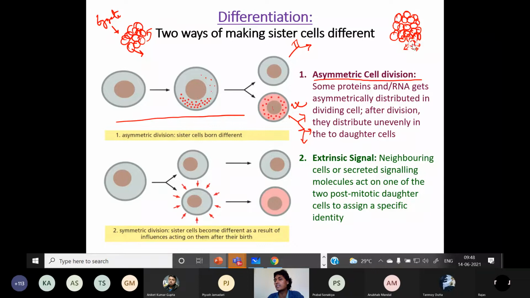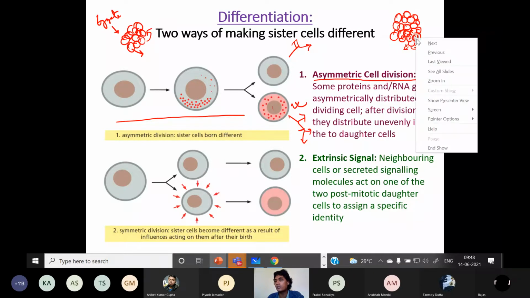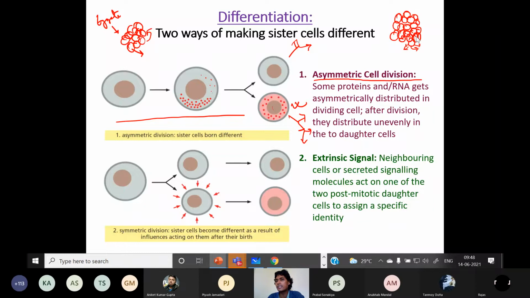Although the cells present here are exactly similar, the signal is not reaching there. So it will only affect the nearby cells, and this will go in one direction and that will go in a different direction.